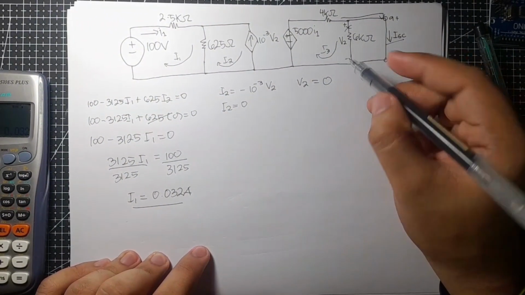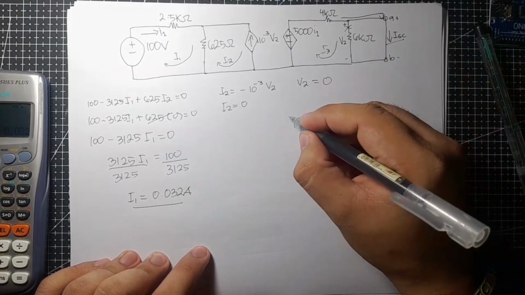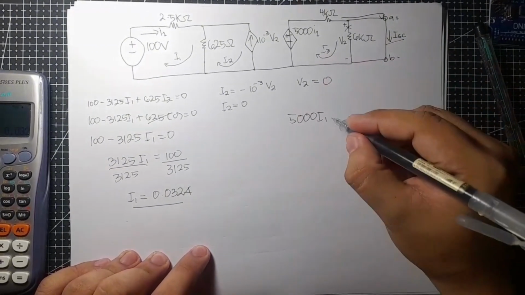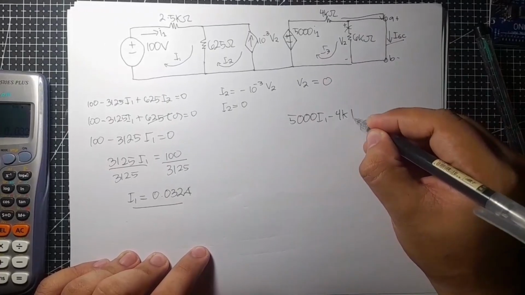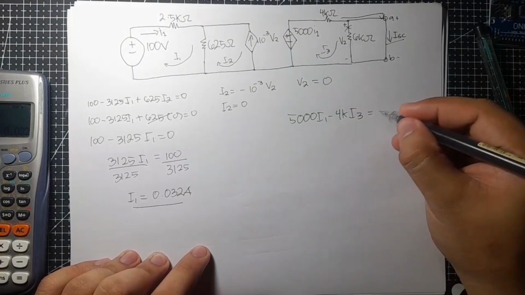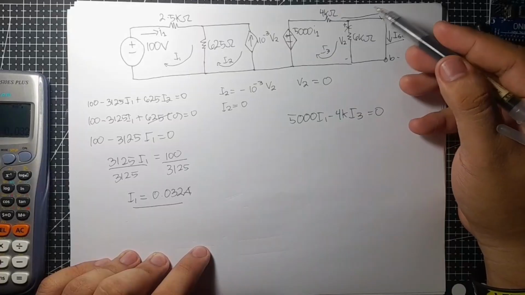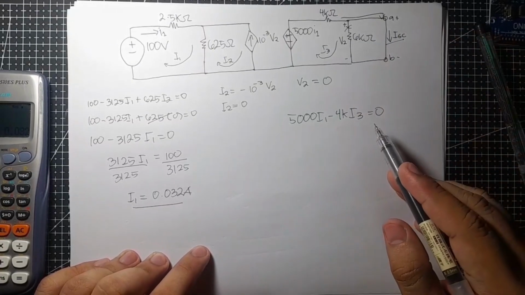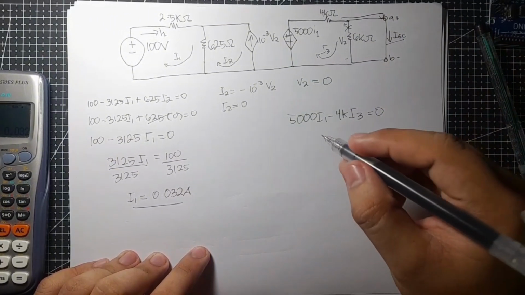So we can make the equation here, which is 5000 I1 minus 4K I3 equal to 0, because the current will not flow here and it will flow to the short circuit. So I1 is 0.032.